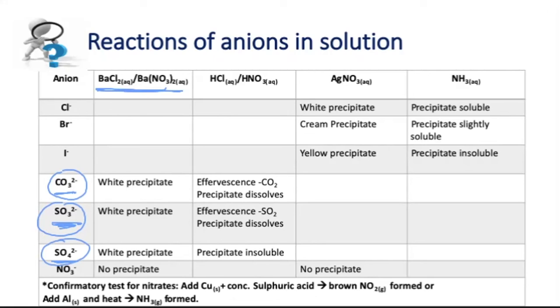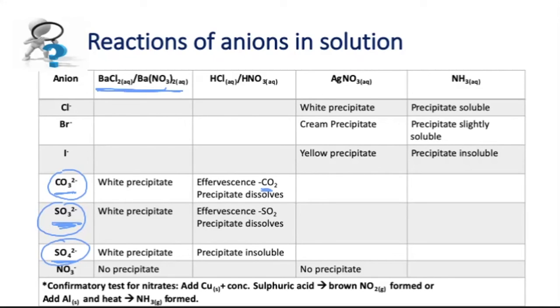And then if the precipitate dissolves, giving effervescence, which speaks to the evolution of a gas, and that gas is collected and bubbled in lime water, that's calcium hydroxide, and a white precipitate is formed, then it would indicate the presence of carbon dioxide.